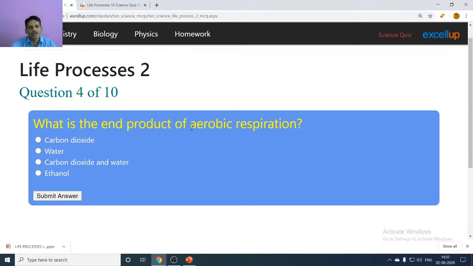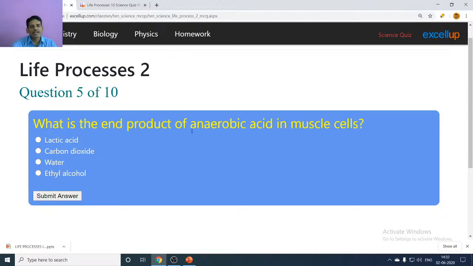What is the end product of aerobic respiration? C6H12O6 plus 6O2 gives rise to 6CO2 plus 6H2O and 36 ATPs. So here, carbon dioxide and water. What is the end product of anaerobic respiration?